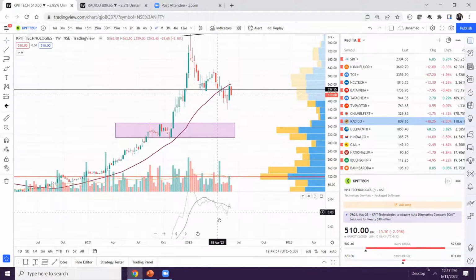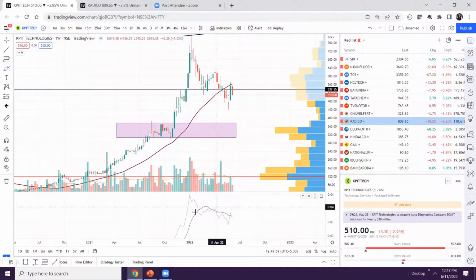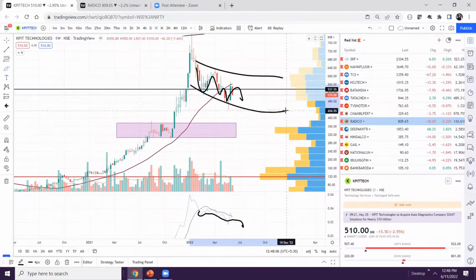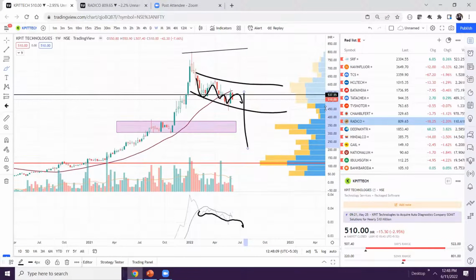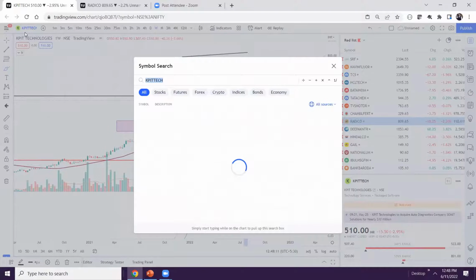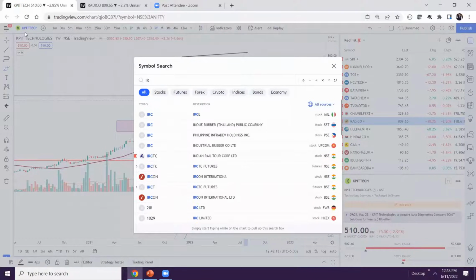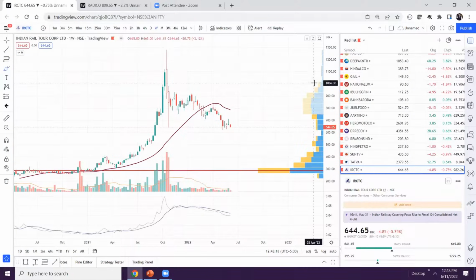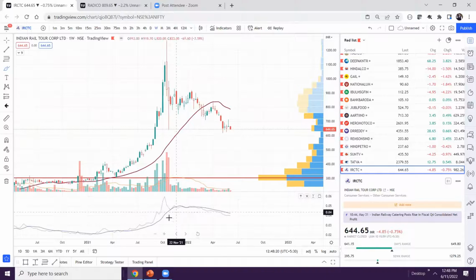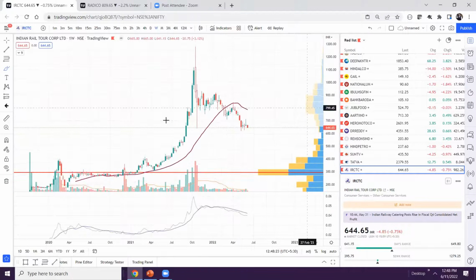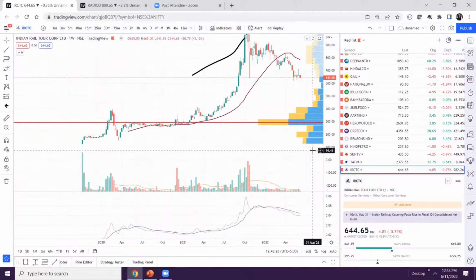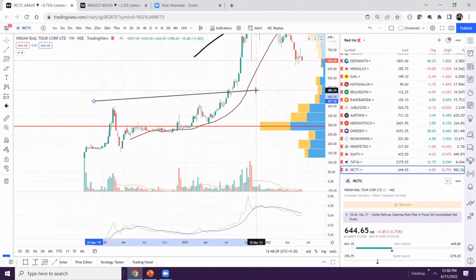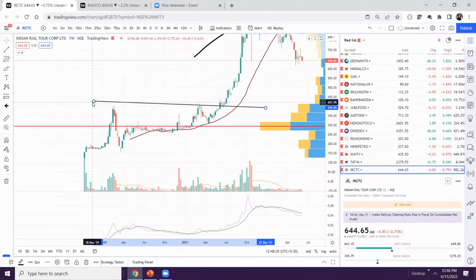See, the RS indicator gives the signal before only that it is going down. Correct. Let us see on IRCTC. See, entry is also very clear in this, right?